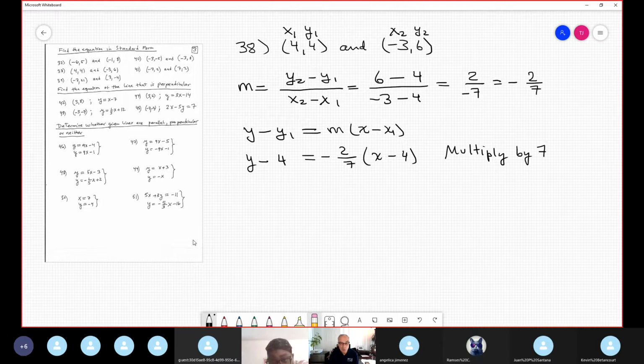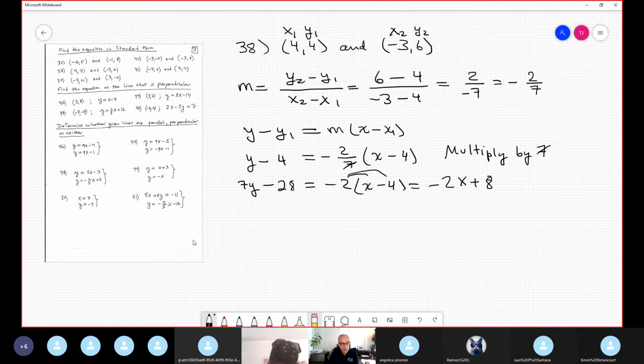So 7y minus 28 is equal to minus 2, because this 7 and this 7 cancel out, x minus 4. Okay, now distribute the property, this and this, is minus 2x plus 8. Negative times negative is positive.